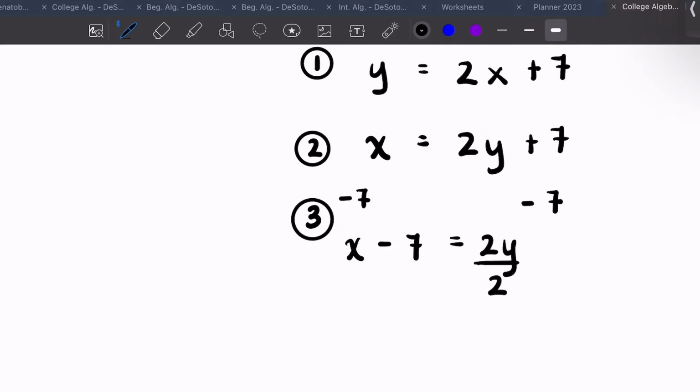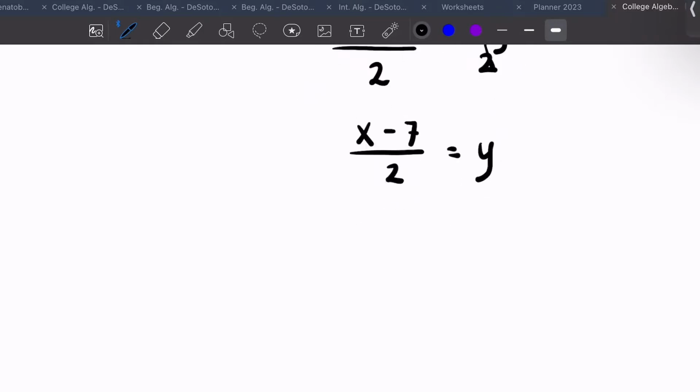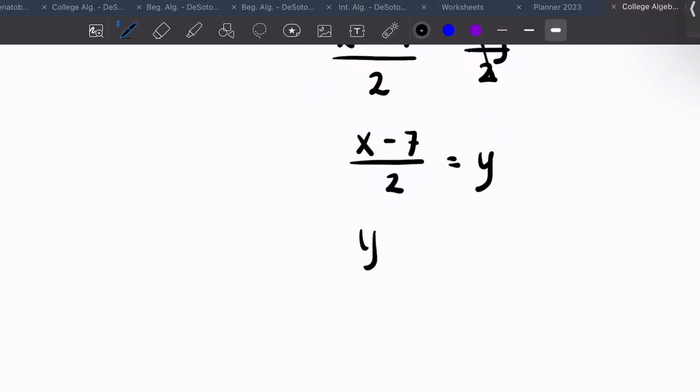Divide by 2. And we get x minus 7 over 2 equals y. Don't let it freak you out that it's backwards. We could always write it like this.